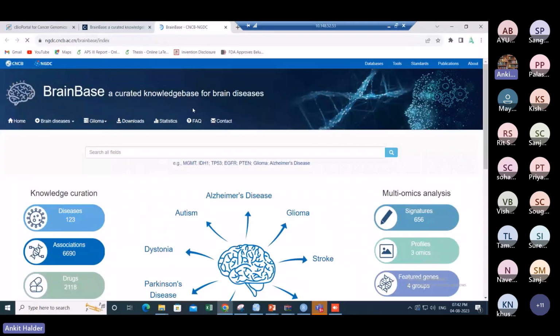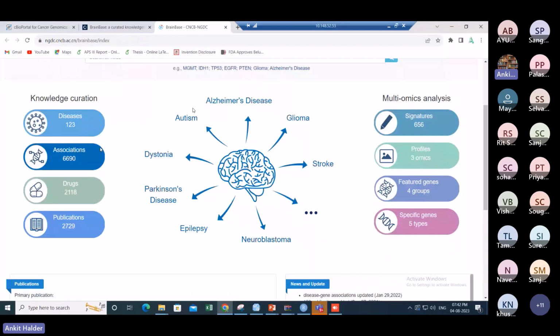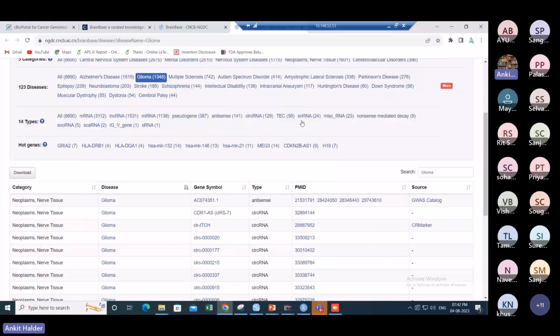Here also you will find the diseases and their associations. Mostly they have provided the associations with glioma: what the genes are and what the type is.